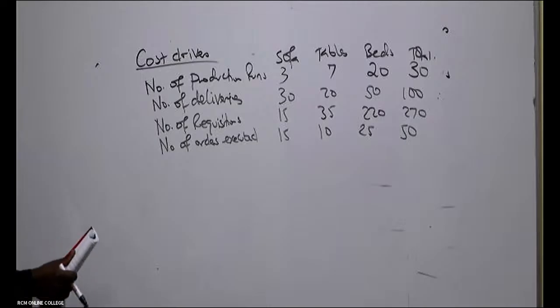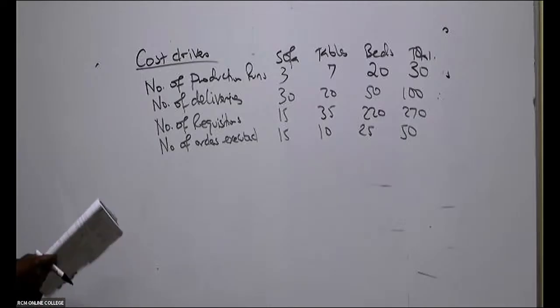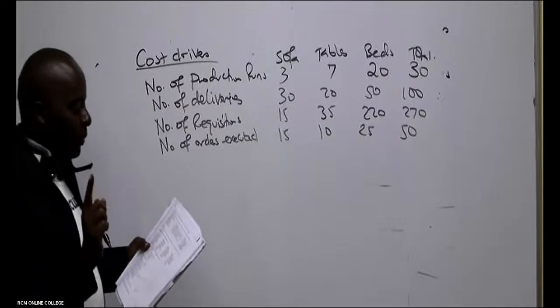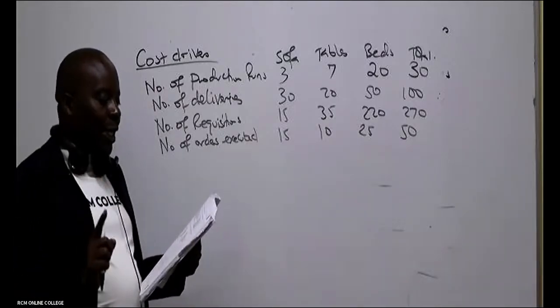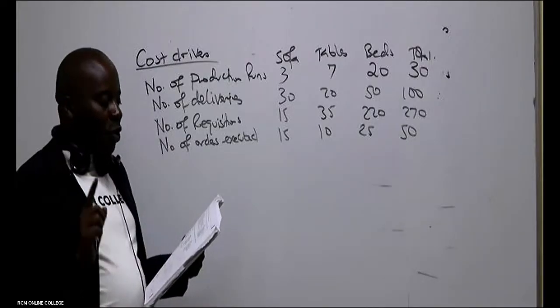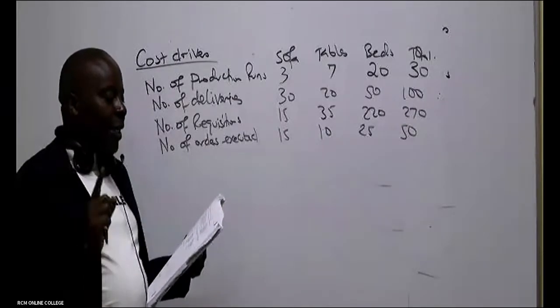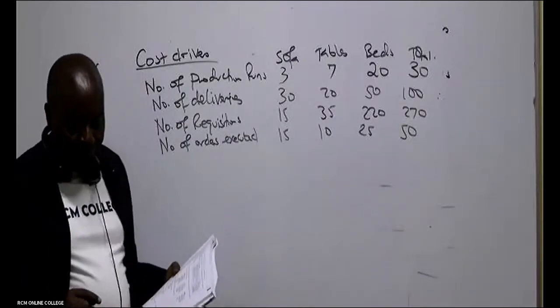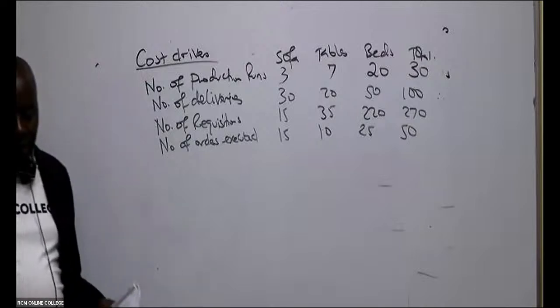Now, once you have done that, go to overheads provided. When you look at note number 4, we have some overheads provided there, like setup costs. How much in shillings? Not yet.